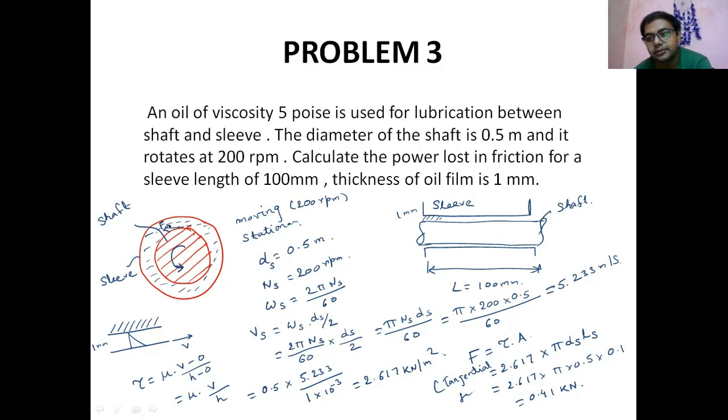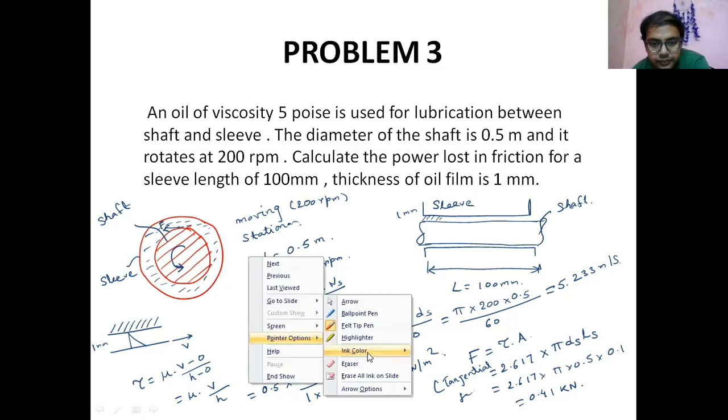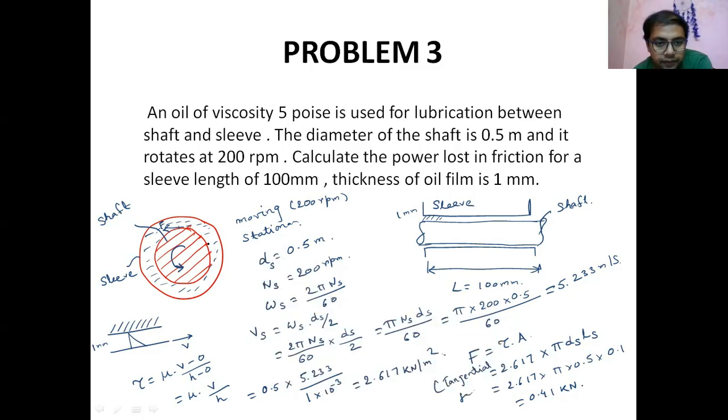Tangential direction. From here, if you see, the force direction is this. From here, the force direction is in this way. So because of this force, some moment is created about the center.